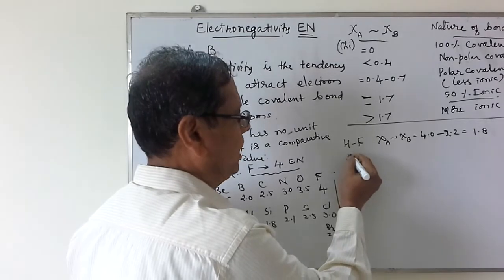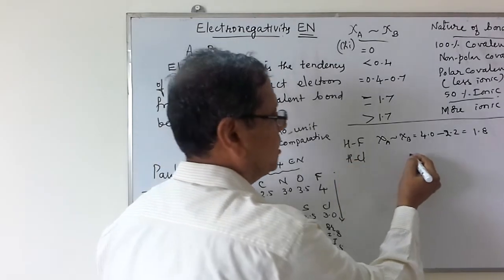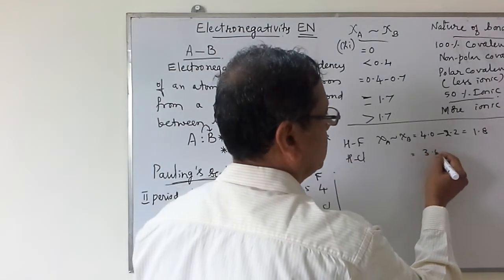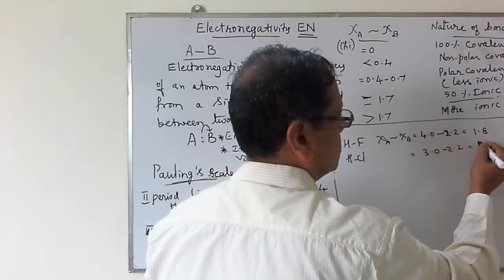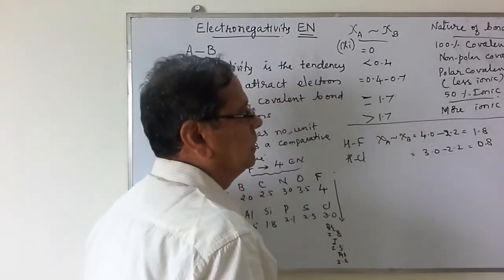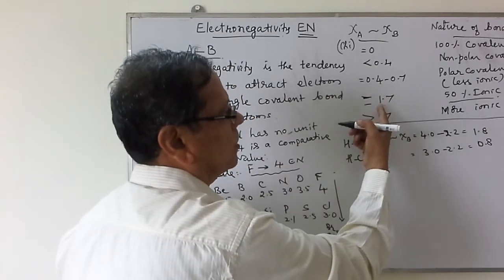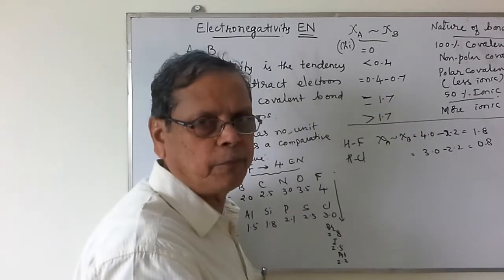Suppose you take HCl. The difference between 3.0 and 2.2 is just 0.8, which is less than 1.7.